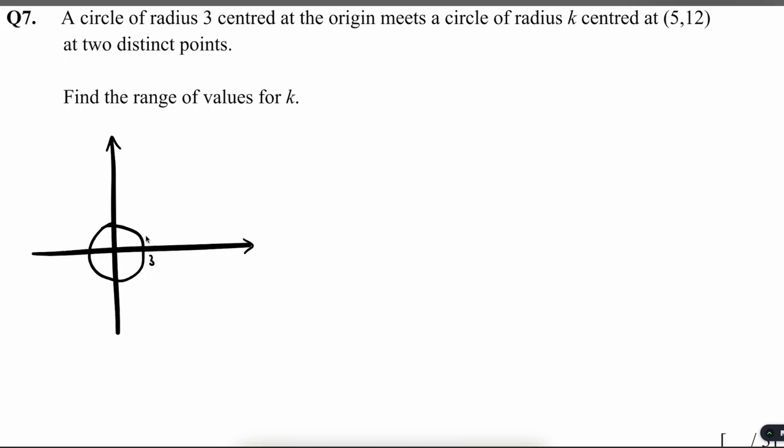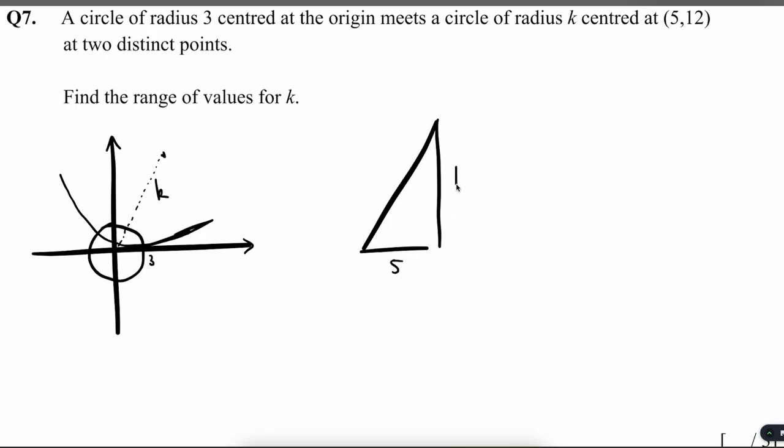And it meets a circle of radius k centred at (5, 12). So (5, 12) is going to be somewhere up here. And the radius of this is k, but it meets it at 2 distinct points. So we know k has got to look something like this. So let's first work that out. We've got 5 along the bottom, 12 along the top.